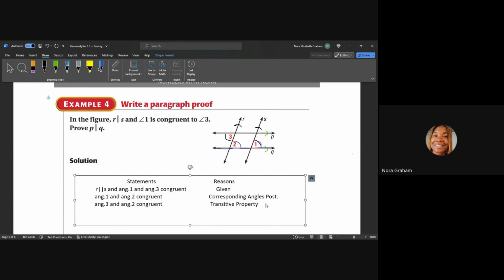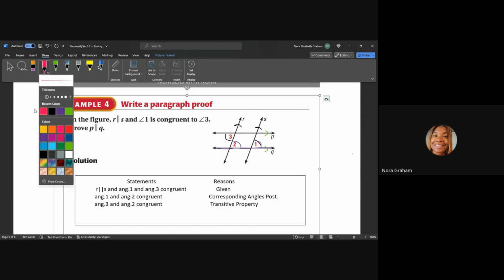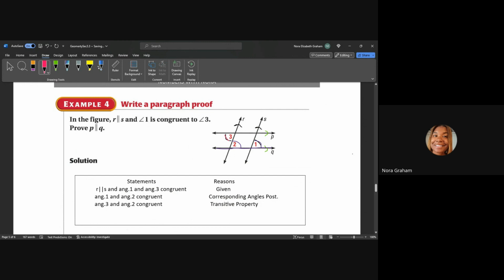Then we go back to our drawing board and visualize this. If angle 3 and 2 are congruent, now I can look at R as my transversal. P and Q are the lines we're trying to prove parallel. If I look at R as a transversal, then I can consider 3 and 2 to be alternate interior angles.